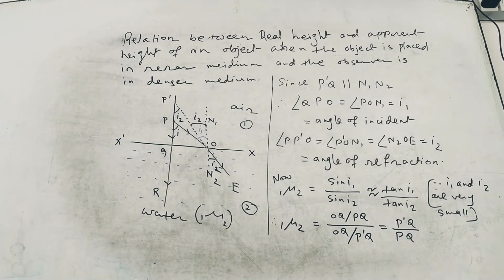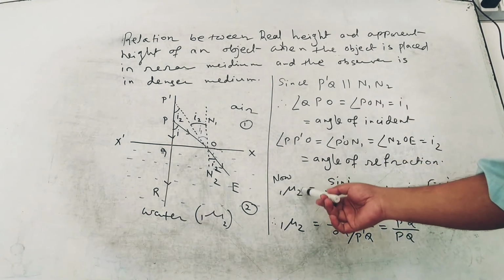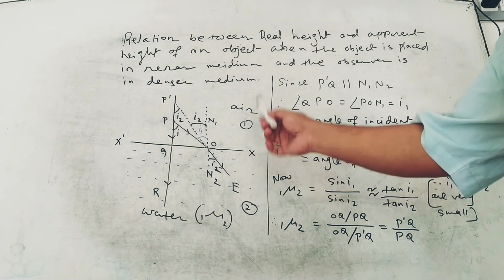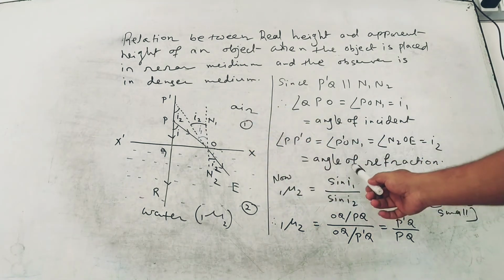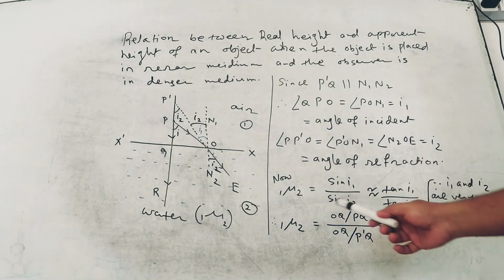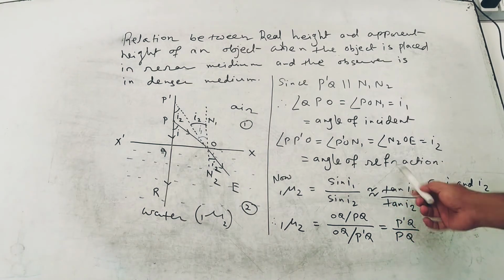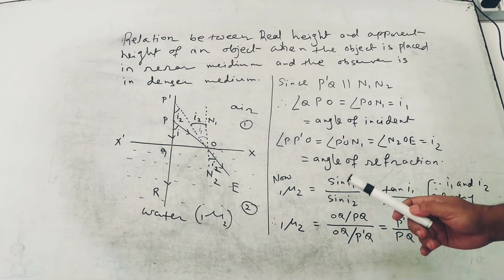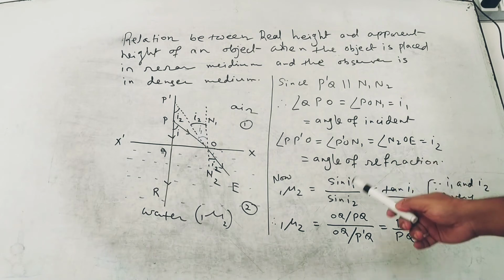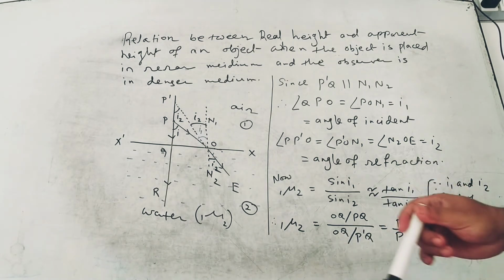Now you know that 1 mu 2, that is the refractive index of the second medium with respect to the first medium, is equal to sin I1 by sin I2, approximately equal to tan I1 by tan I2, because I1 and I2 are very small angles.